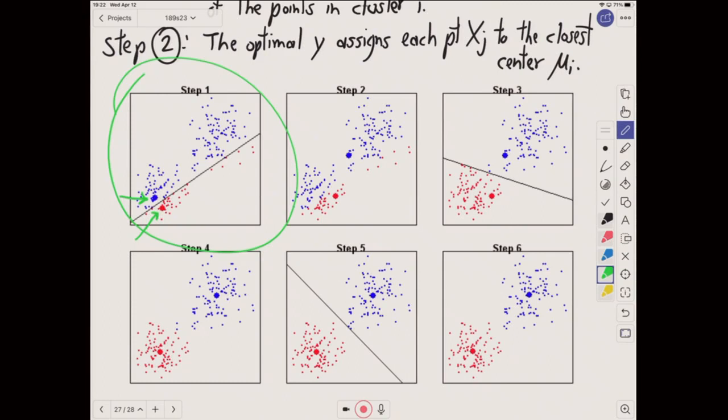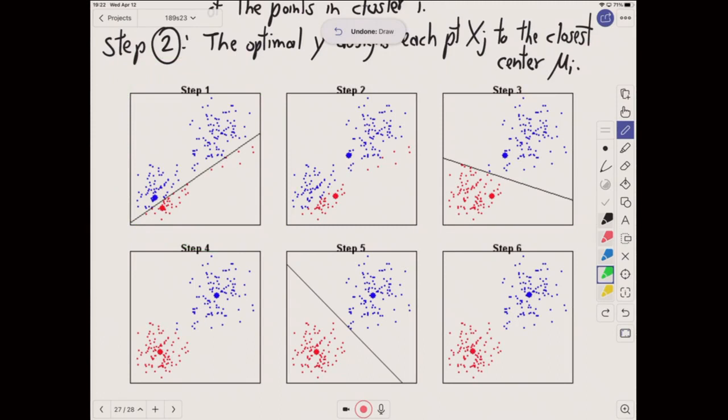And by the way, this is the bisector, the line that's exactly halfway between the two cluster centers, orthogonal to the line through the cluster centers. Whichever side of that line you're on tells you whether you're going to be assigned to the blue center or the red center.